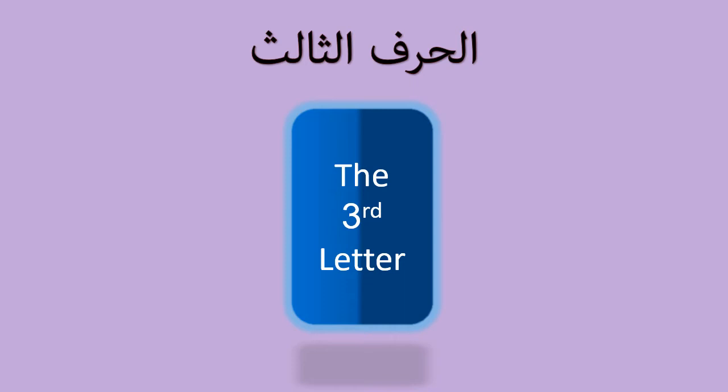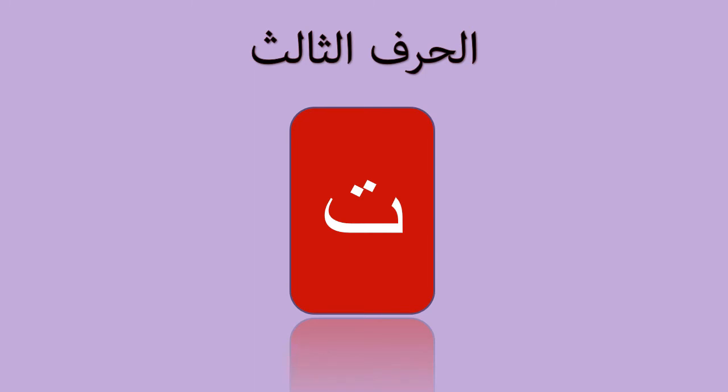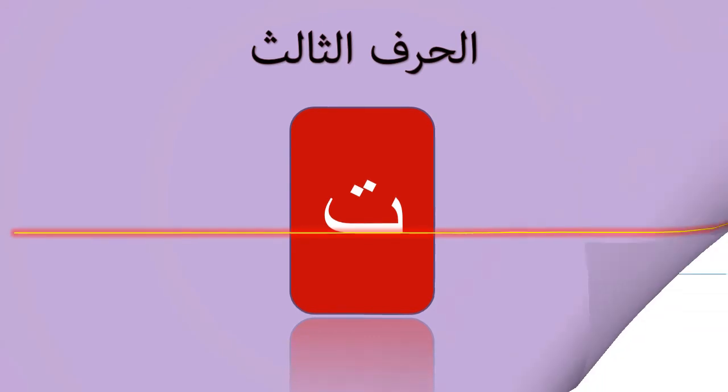Here comes the third letter in the alphabet, the thaa. As you can see, it's the boat shape with two dots above it. And here are the shapes of the thaa letter according to its position in a word.